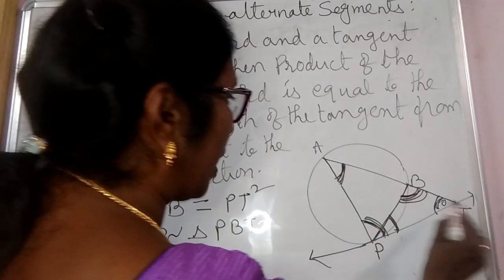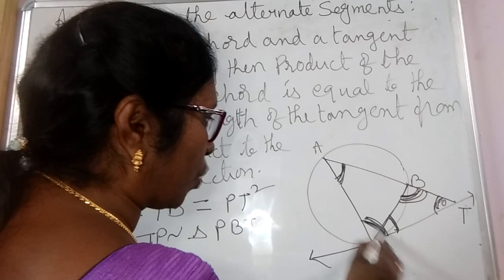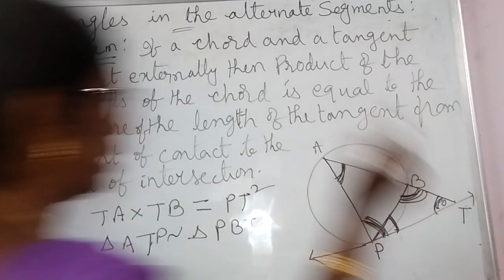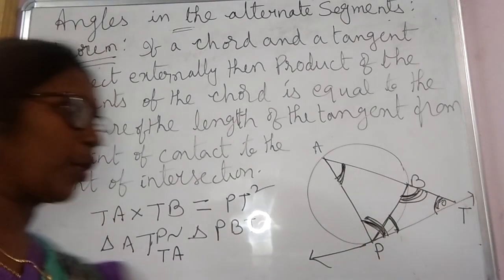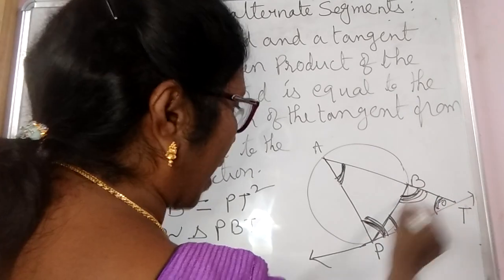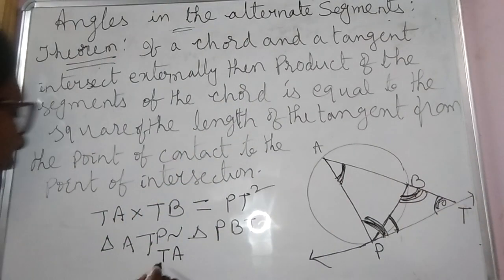So in the bigger triangle, opposite to this angle is, what is this? TA. When these two triangles are similar, corresponding sides are proportional. And in the smaller triangle, this equal to this, opposite to this is PT.